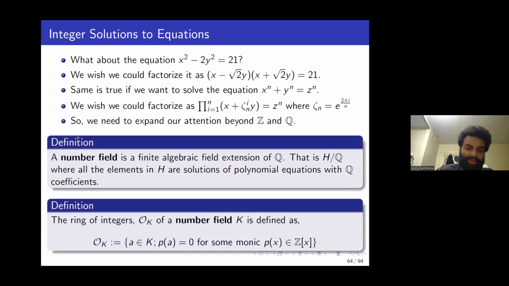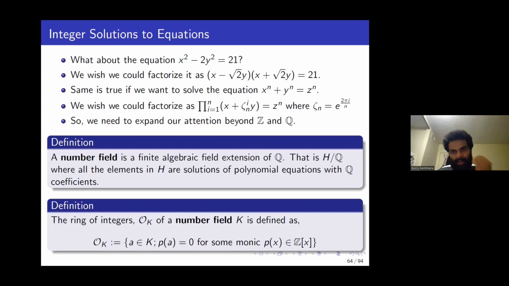If you have a number field K, we define the ring of integers of that number field to be all the elements in that field which are roots of a monic polynomial with integer coefficients. Since K is an algebraic field, every element should be a solution of a polynomial equation with rational coefficients. But now we are demanding that the coefficients of this polynomial are integers as opposed to being rational. So yeah, this is some notation.